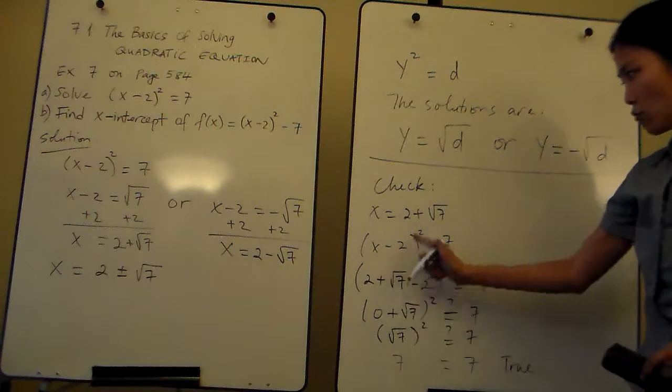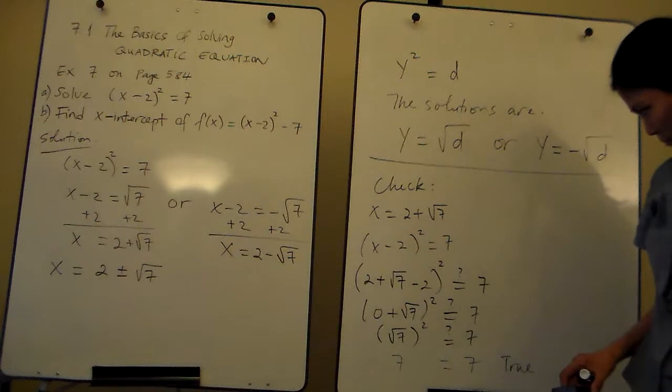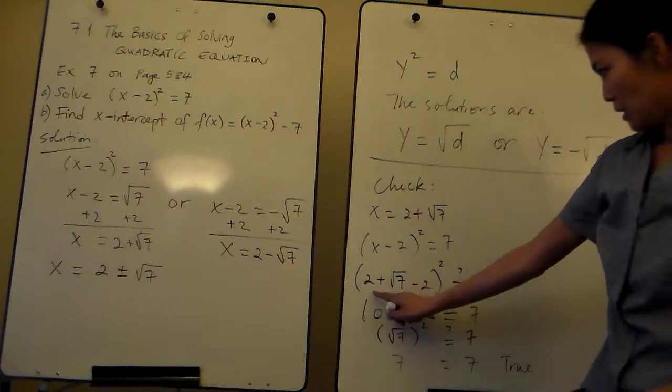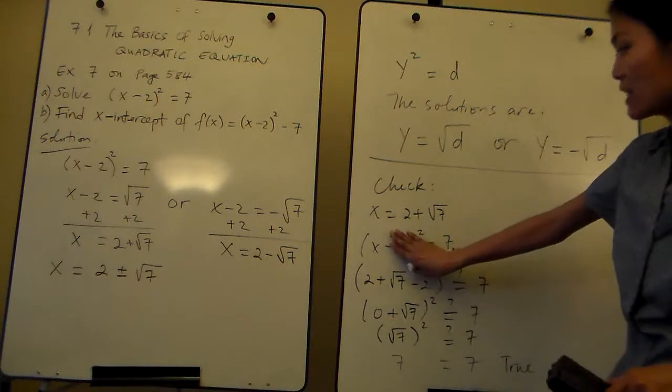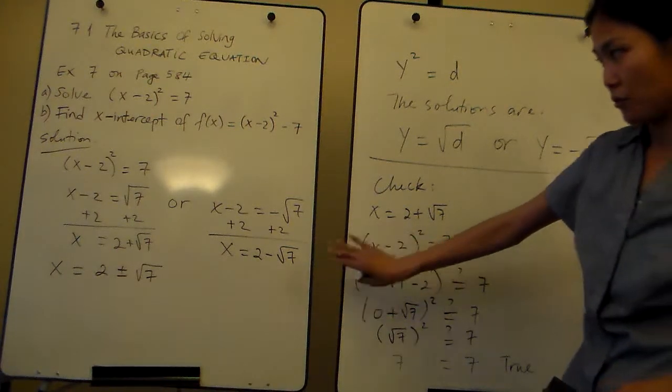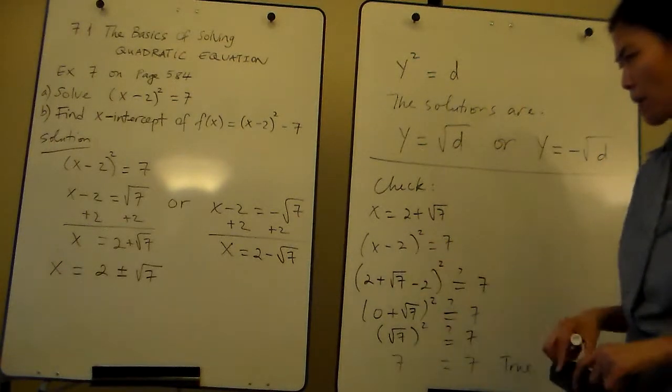Now the reason I don't check both solutions at the same time is that here I have 3 terms, including the negative 2. If I didn't have the negative 2, I could substitute both solutions in and square them.